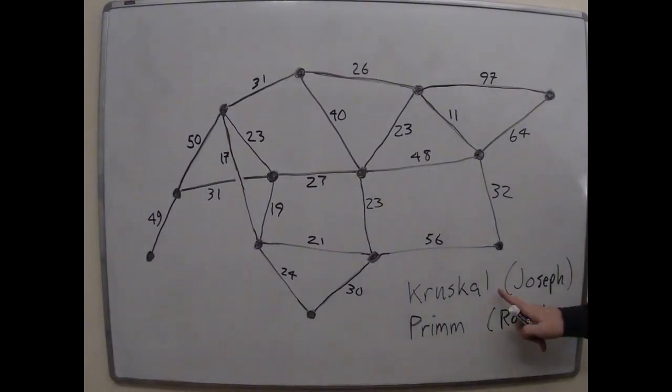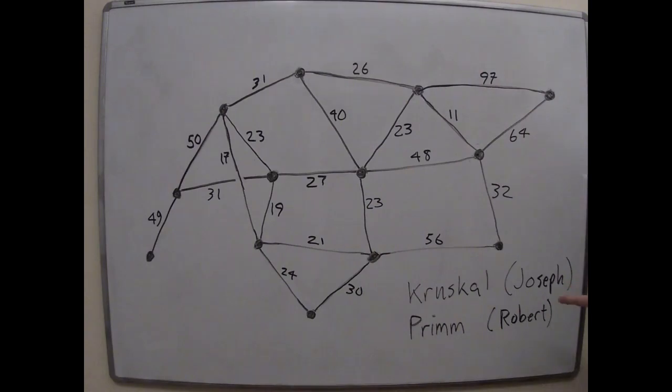Sorry, nobody's named Gene. Joseph Kruskal, I should be able to remember that one for some reason, and Robert Prim. One of them worked at AT&T, the other didn't, but they were both working on this question of finding an algorithm for calculating a spanning tree that has the least total cost.